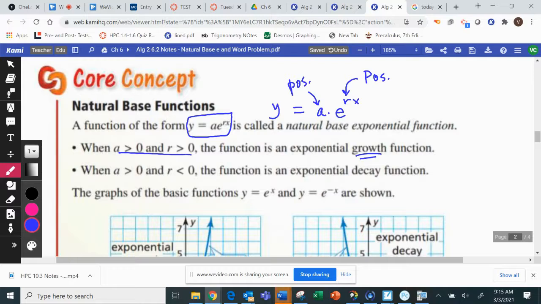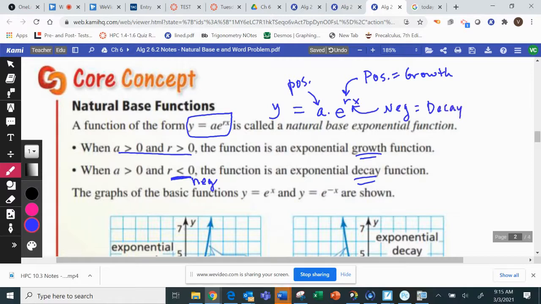If a is positive but r is negative, then it's decay. So a has got to be positive for both of these. If r is positive, it's growth. If r is negative, it's decay.